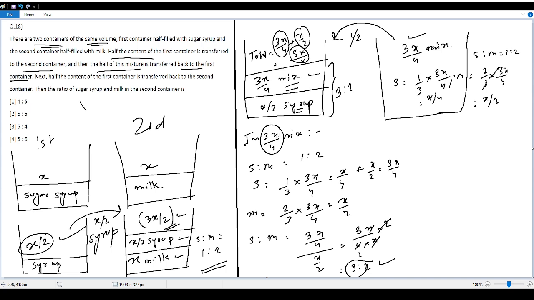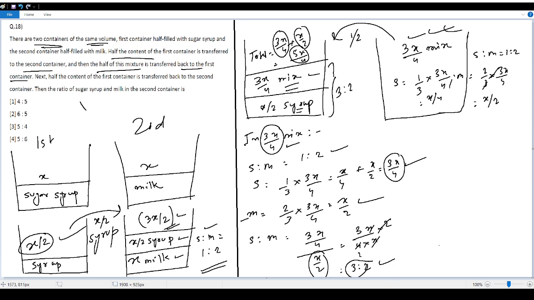This 3x by 4 came from the second container, where syrup to milk is 1 is to 2. So in 3x by 4, syrup to milk is 1 is to 2. What is the amount of syrup? 1 by 3 into 3x by 4, which is x by 4. What is the amount of milk present? 2 by 3 into 3x by 4, you get x by 2. So what is the syrup to milk ratio in the first container? That is 3x by 4 divided by x by 2, that gives me 3 is to 2.